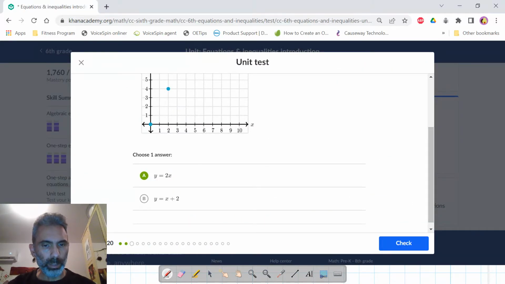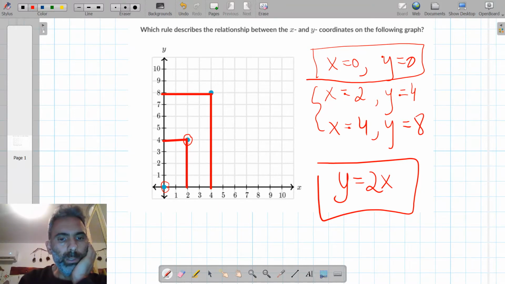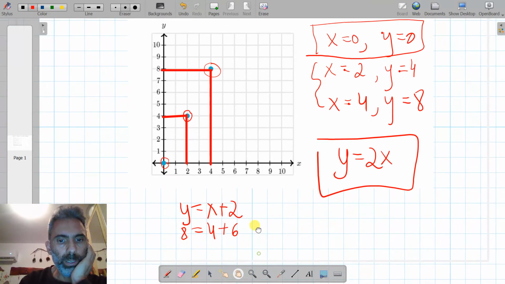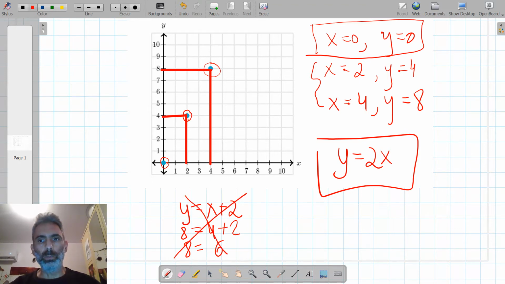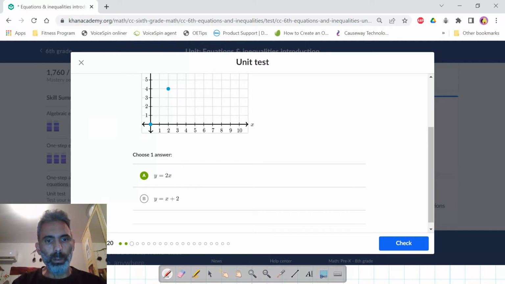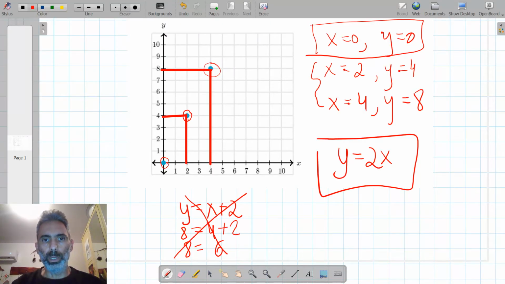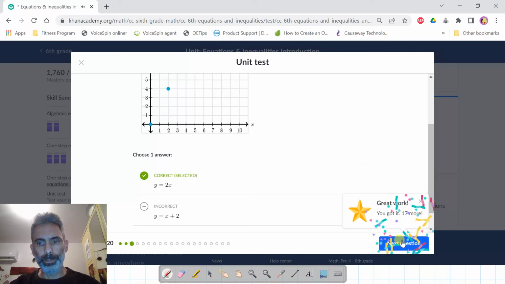Y equals x plus 2 is not right, because if y equals x plus 2, then for this point, 8 should be equal to x, which is 4, plus 2, and it means that 8 should be equal to 6, which is not correct. So the correct equation is y equals 2x.